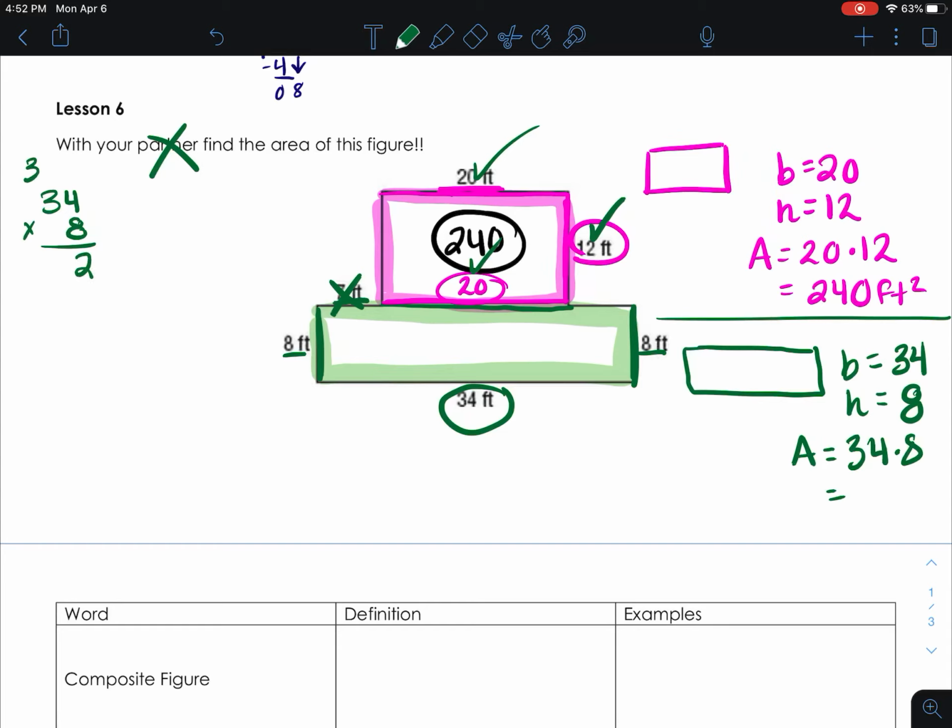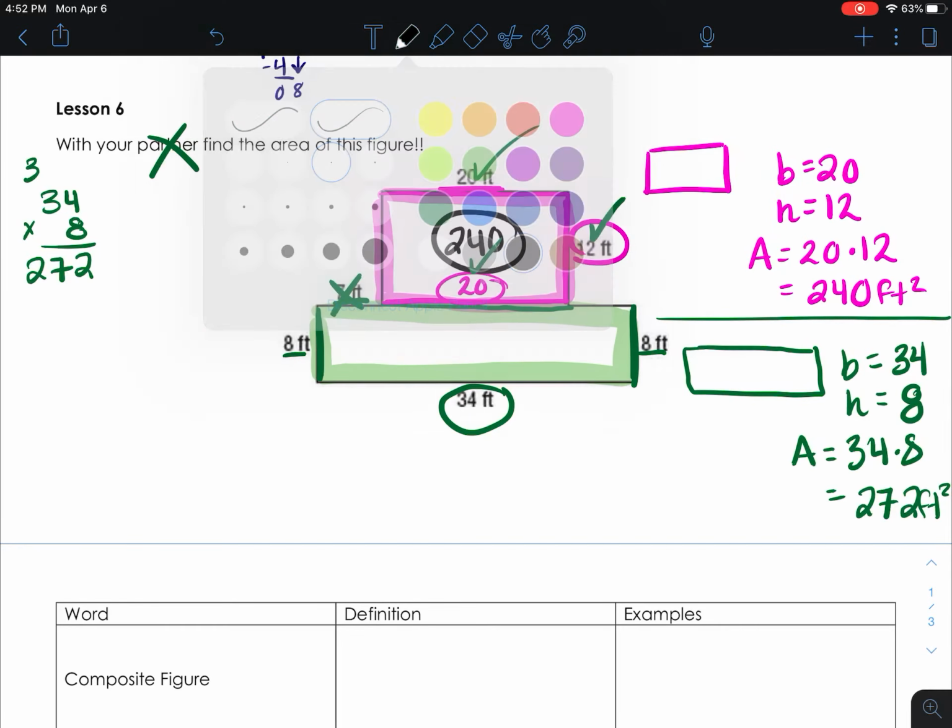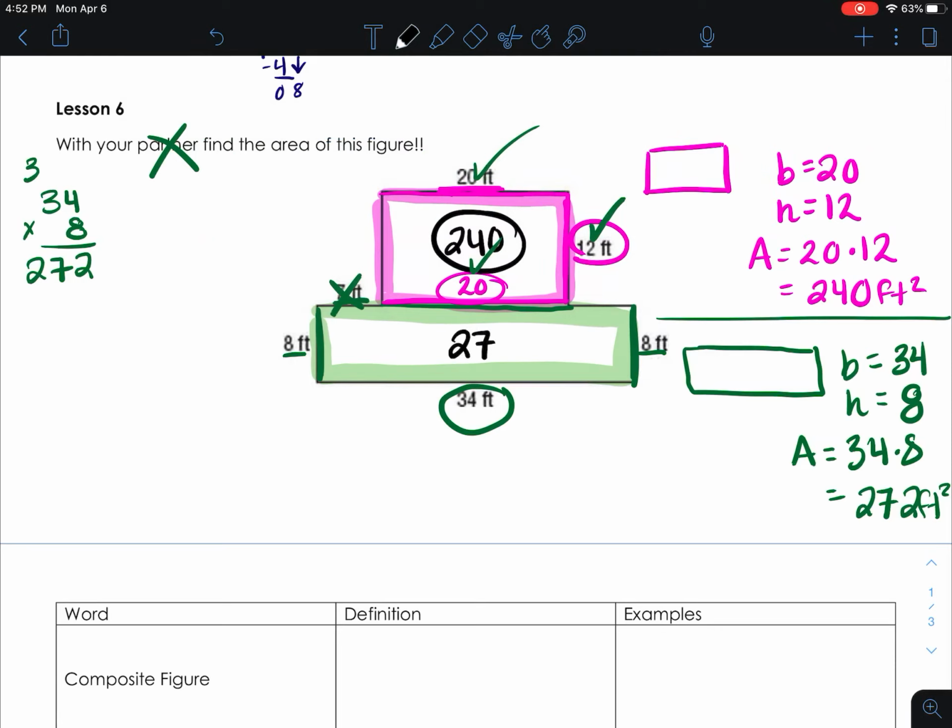Carry the 3. 8 times 3 is 24, plus 3 is 27. So that should be 272 square feet. I'm going to put this in here: 272. Now the very last step is to solve.